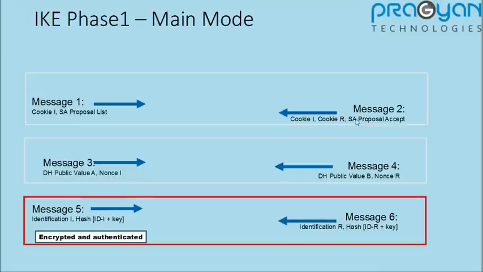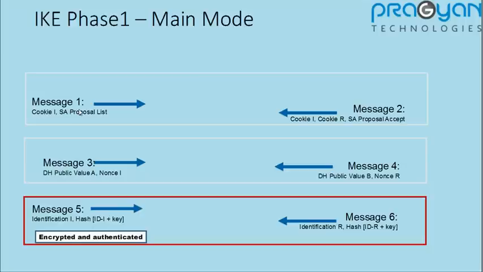And then the responder is going to respond with an accepted proposal. So your initiator has sent a list of proposals. Initiator has sent maybe multiple combinations of encryption algorithm, hashing algorithm, and then the responder has accepted only one out of those combinations if it finds something acceptable. If it doesn't find anything acceptable, it's going to reject the proposal and your VPN negotiation is going to fail, right?